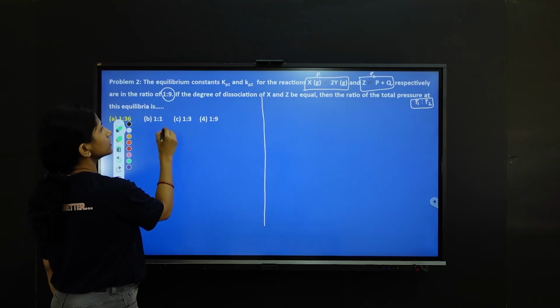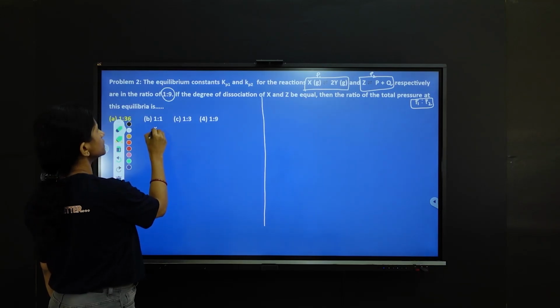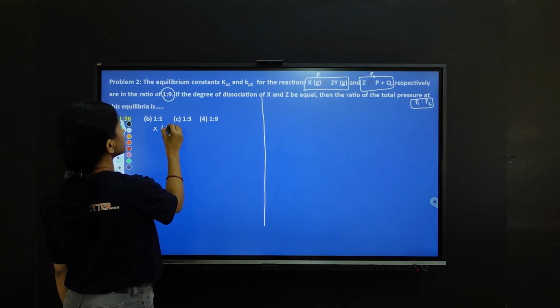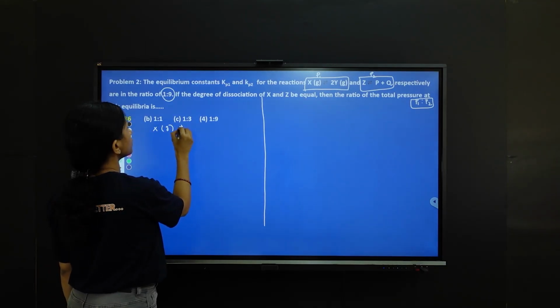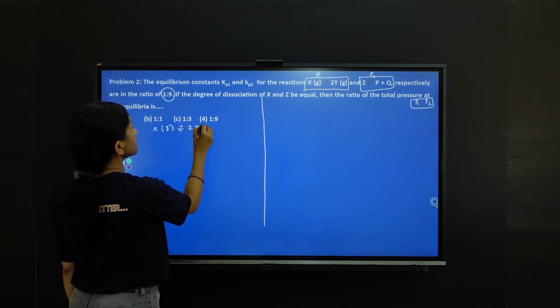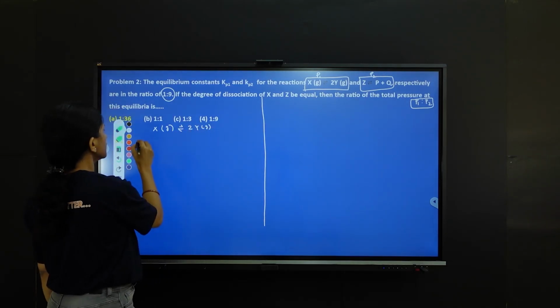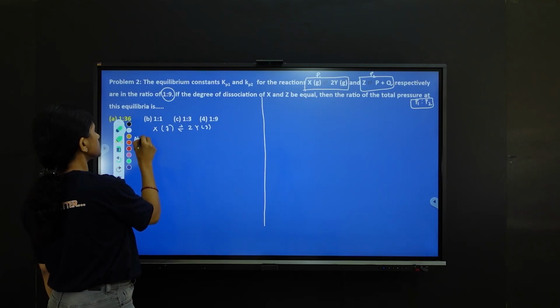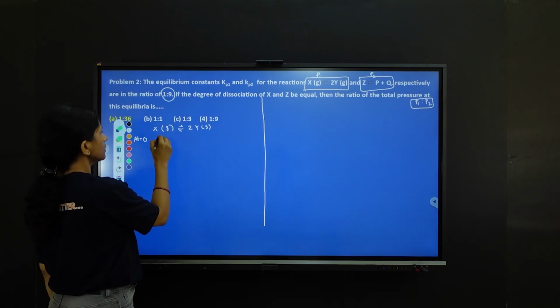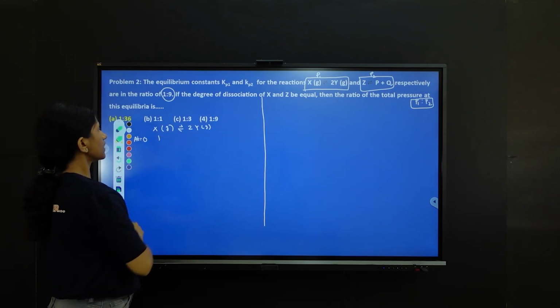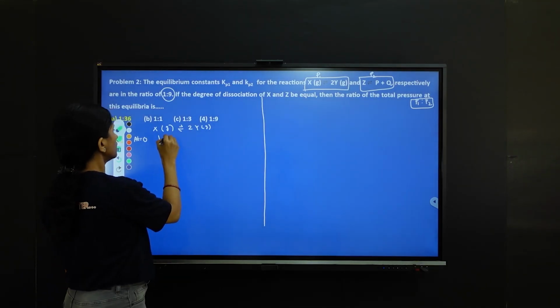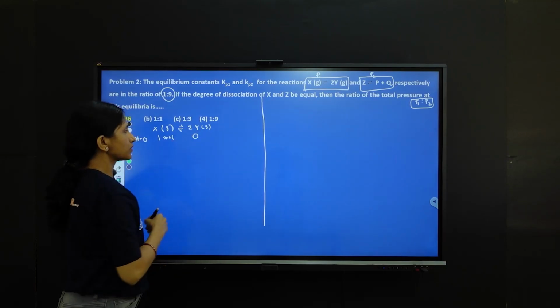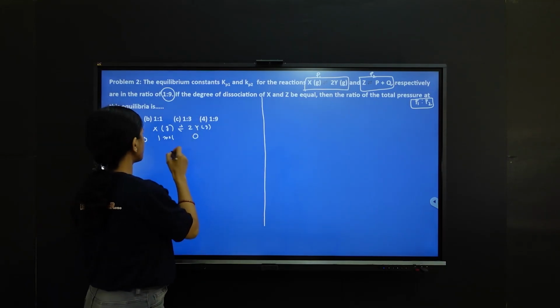So let's solve for the first equation. The first equation is X gas giving you 2Y gas, right? At t equal to 0, that is at initial time, we can say that X is 1 mole and definitely Y is 0 because no product has been formed at that point of time.